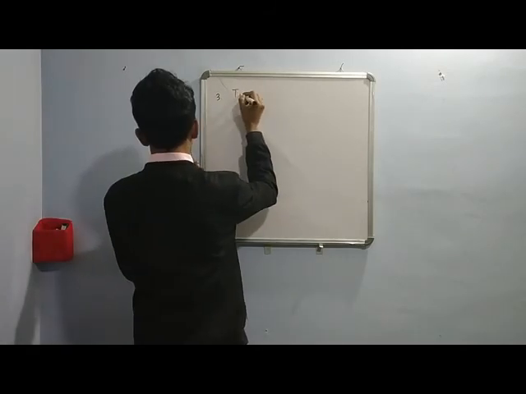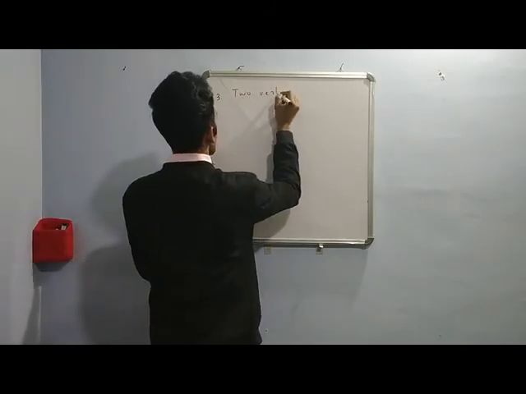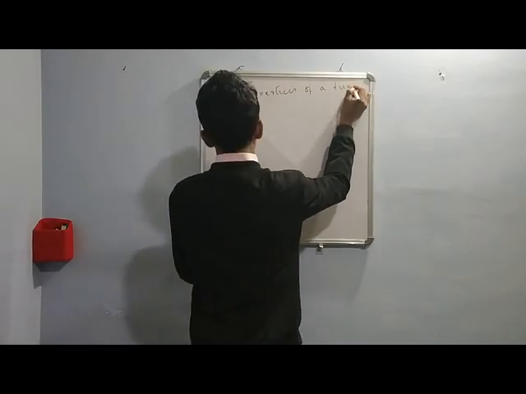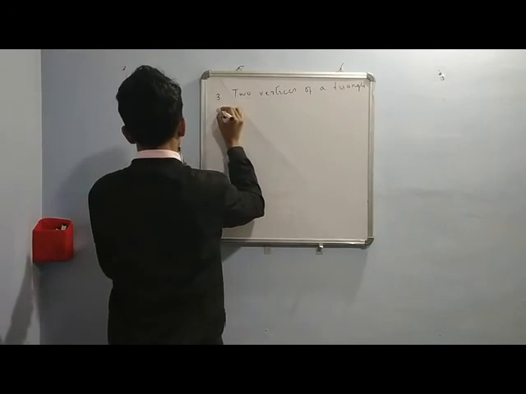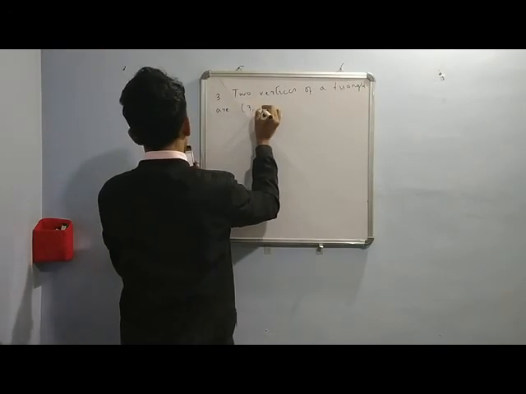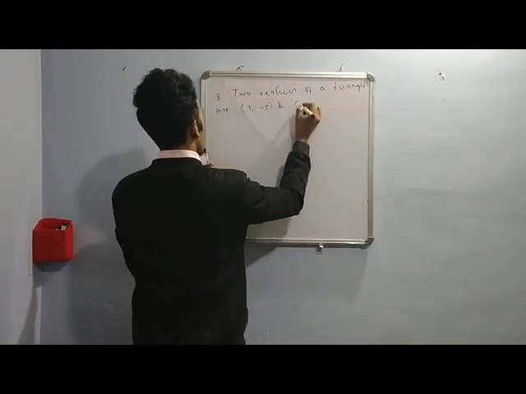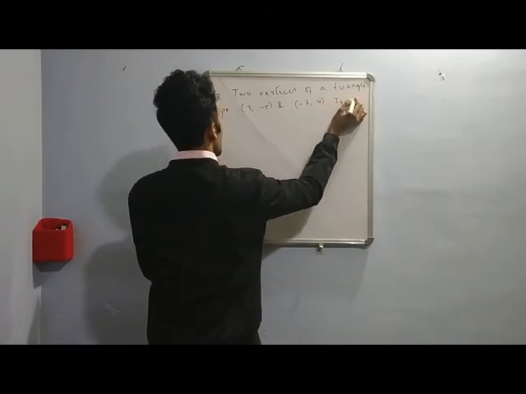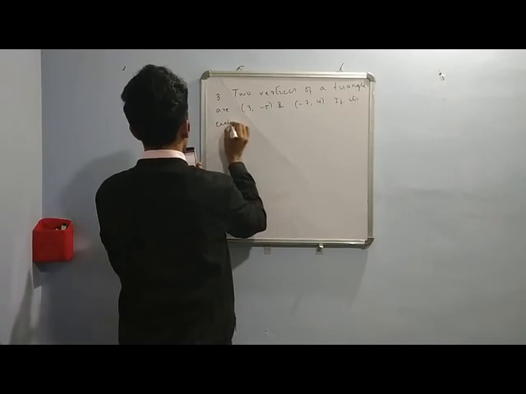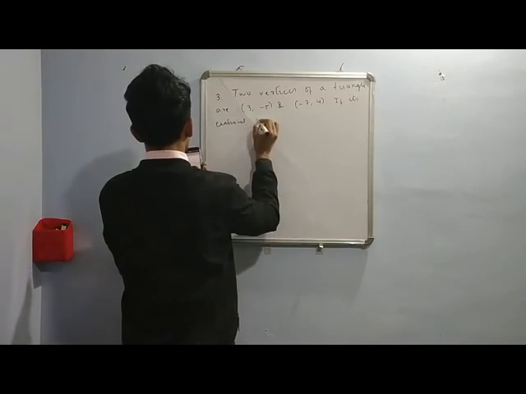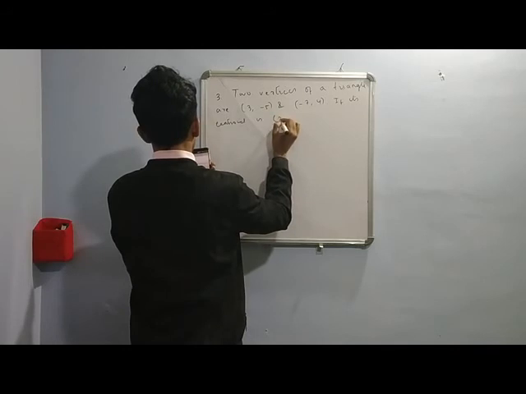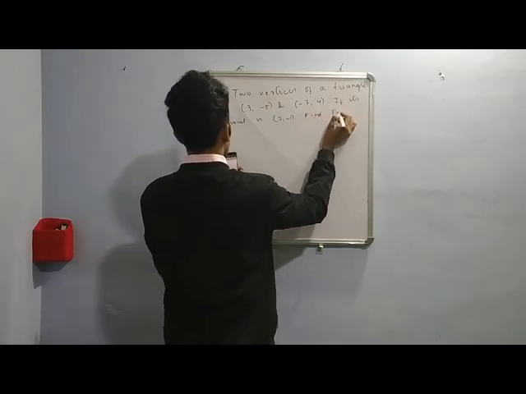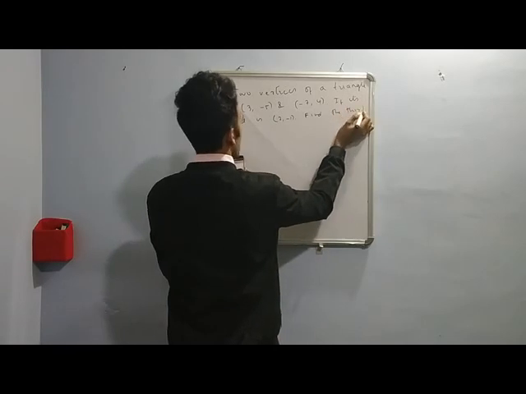Two vertices of a triangle are 3, minus 5 and minus 7, 4. If its centroid is 2, minus 1, find the third vertex. Very simple. Find the third vertex.